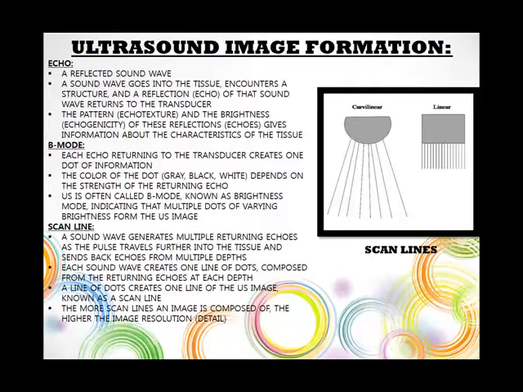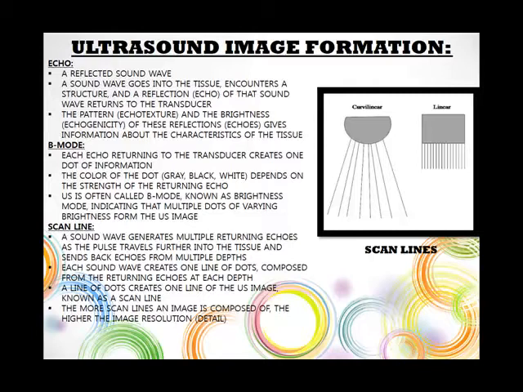You have another echo here, and then part of that sound wave goes back up, and part of the sound wave keeps going deeper, and so on, and encounters another structure, and you get another echo. So as you're traveling along, you get multiple dots of brightness. When you get a whole row of dots all the way along, it gives you a whole row of information on your ultrasound image. We call this whole row of information a scan line.